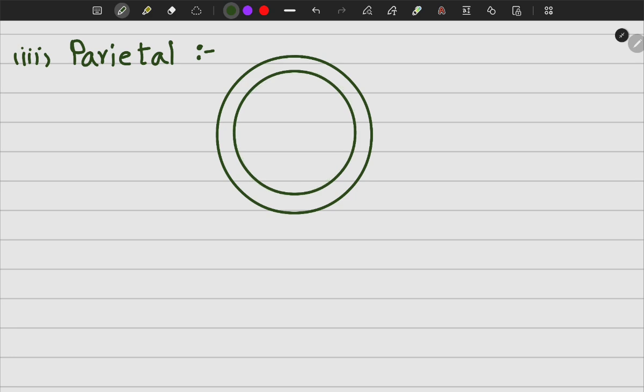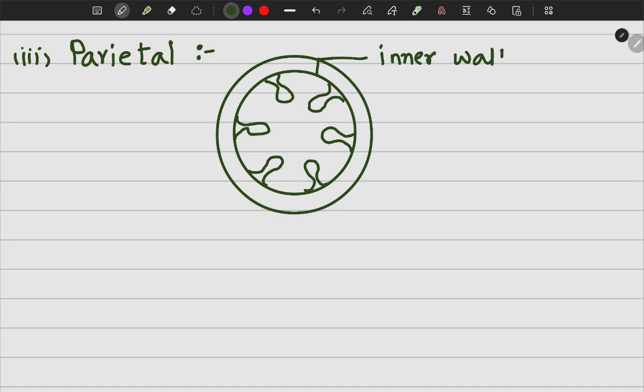So here the ovules are attached to the inner walls of the ovary like this. Inner walls, or we can also say that the ovules are attached at the periphery of the ovary. So this is ovary, this is the inner wall of the ovary.